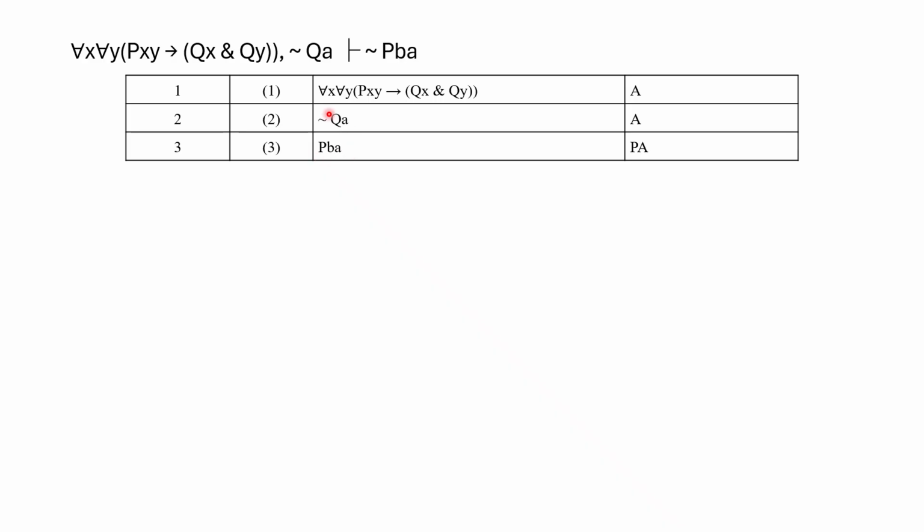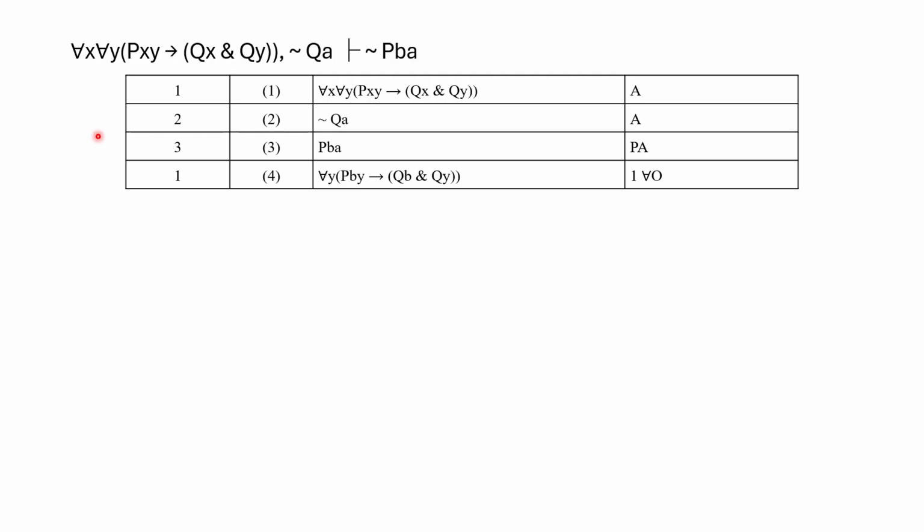Okay, so what do we have here in our universally quantified statement? We're trying to get something to match here. So when we're going to do our universal out rule, we have to do it for the x first. And I'm going to pick the letter B because we're going to try to get something that matches this PA here.